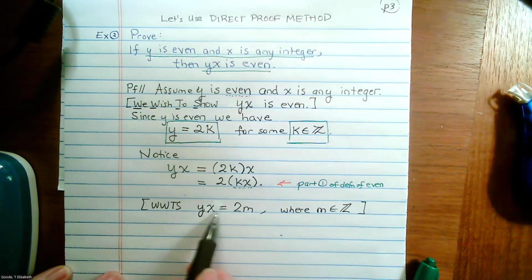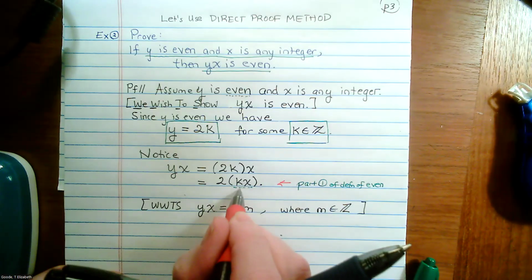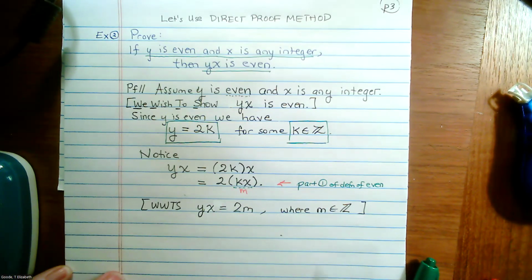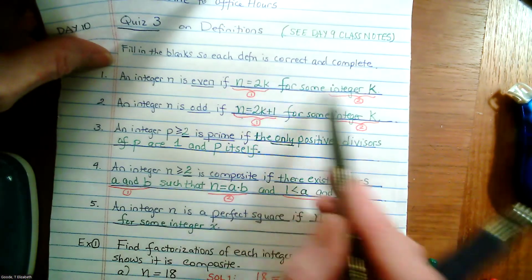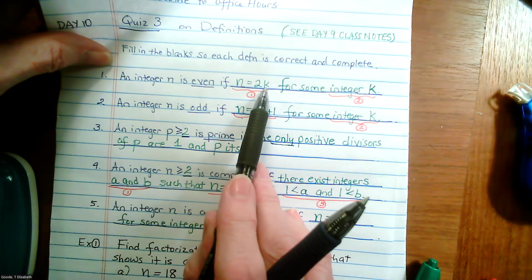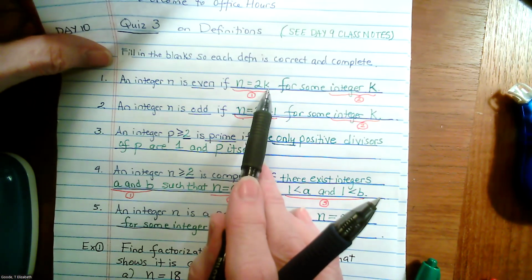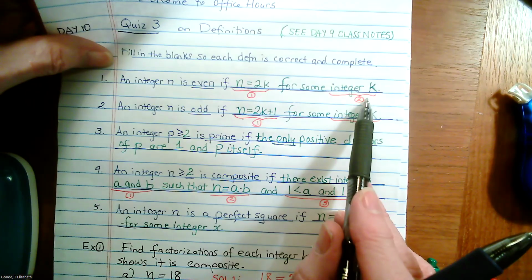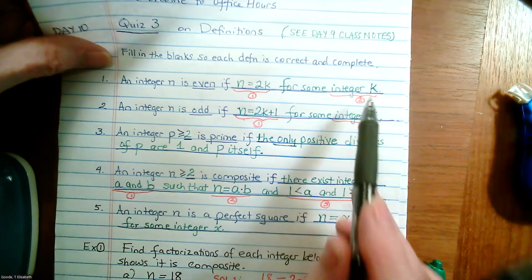We got yx looking like 2 times m. Here's our m, right? But now we need to talk about the second part of the definition, because the definition of even does have 2 parts. This integer, whatever letter we're using to represent it, needs in fact to be argued as being an integer.